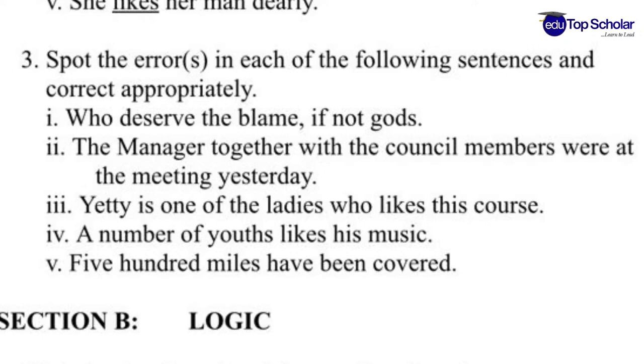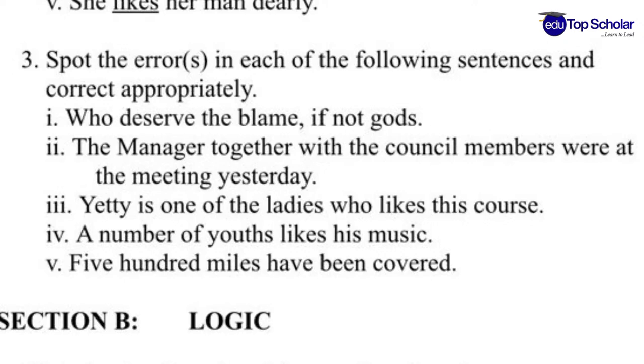Then number 4, a number of youth likes his music. In some textbooks, authors will tell you when you have a number of something, because we have a number, it is denoting a singular subject. It is wrong. That is not true.